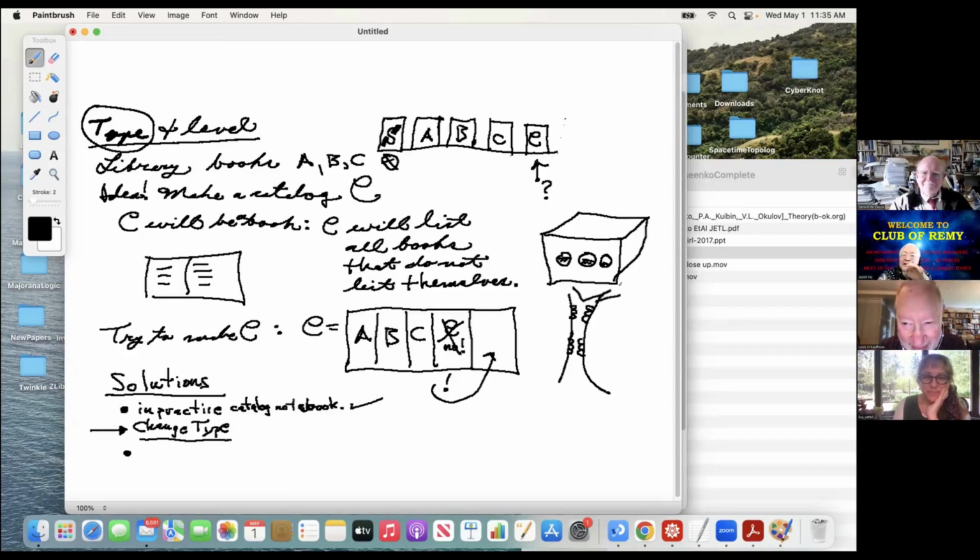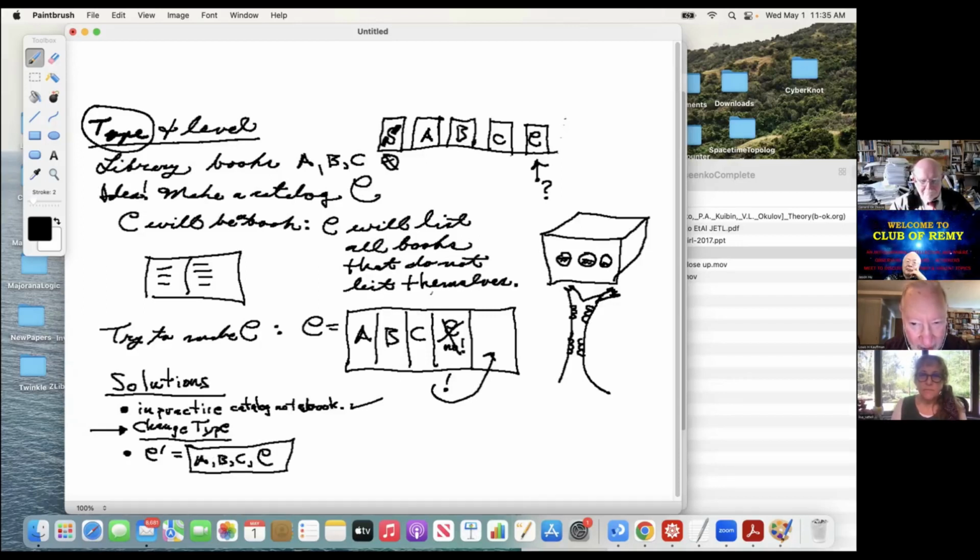So Lou, what's the next solution beside the type theory? Well, we could say that we'll make a new catalog, which has inside it A and B and C and the old catalog.